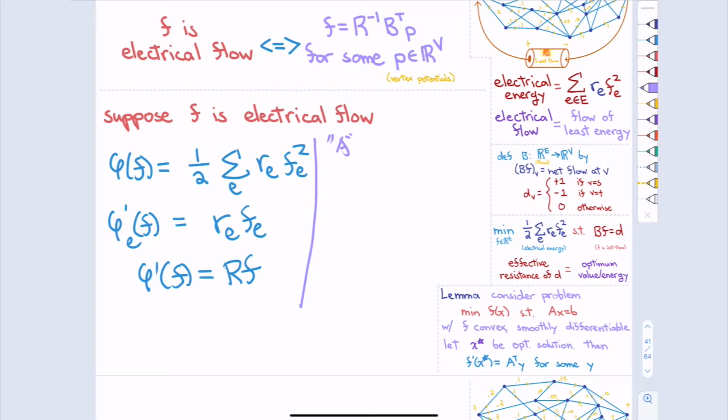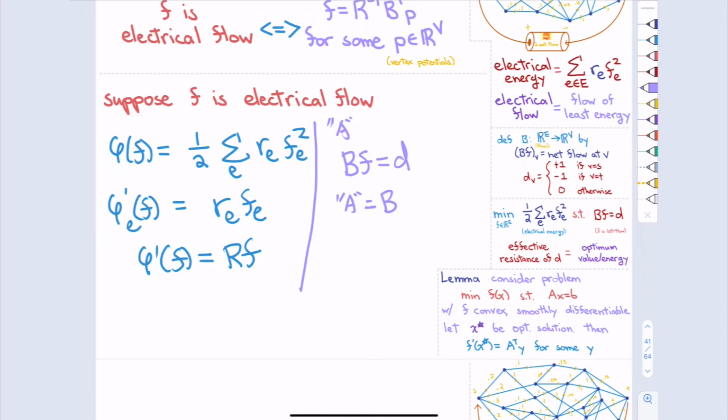We need the flow to satisfy B f is equal to D. So A is equal to B. So what we showed is that if f is an electrical flow, then the gradient R f at the electrical flow is equal to B transpose P. Instead of y, I'll use a P. And then you can invert this diagonal matrix. Okay, all right, so that's one direction.